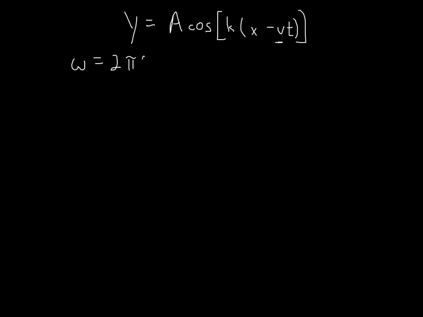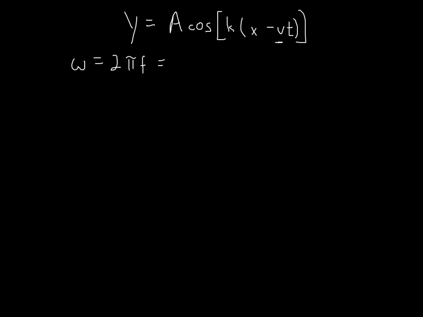We can do some fiddling around with our equation. Let's say we have a wave traveling in the positive x direction. We have y equal to a times cosine of k times x minus vt. Usually when we've been talking about waves so far, we've used something different than v. We've been worried more about omega, the angular frequency. Omega, we know, is equal to 2 times pi times the frequency.